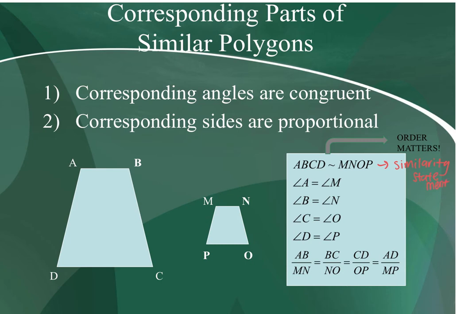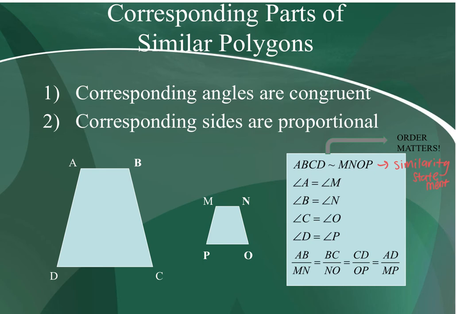Now, in those congruence statements, do you remember whether the order was important? Yeah. Why was the order important? Jaden? Because each side would match the other side of the other figure. Excellent.